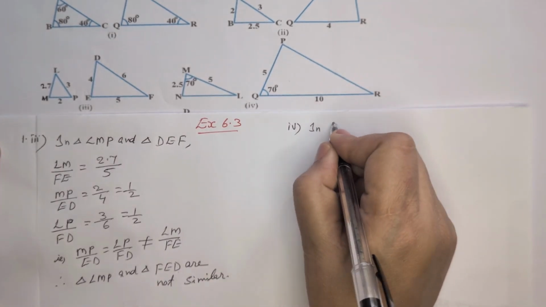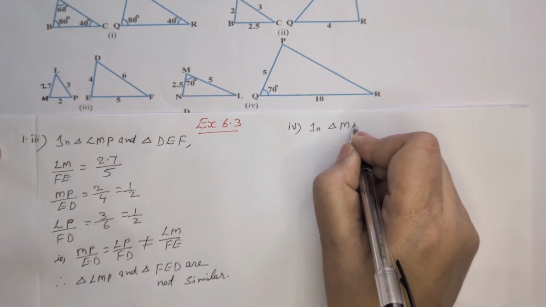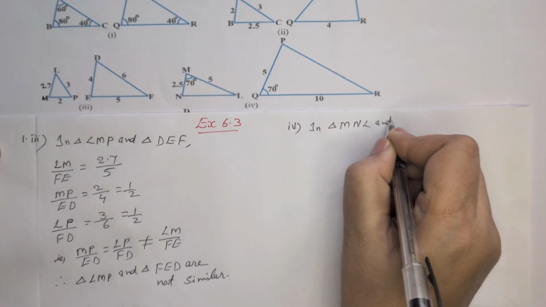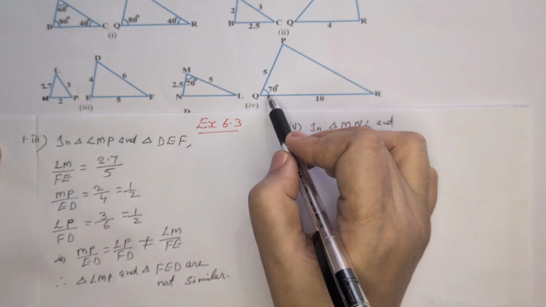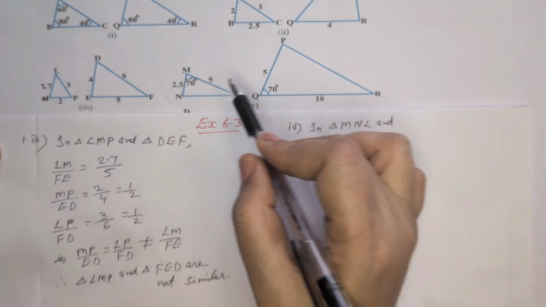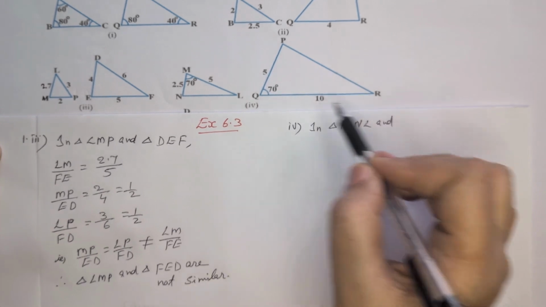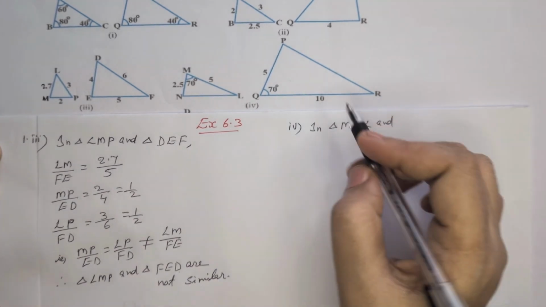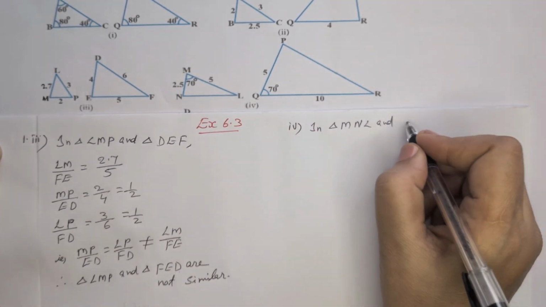Now fourth one here. In triangle MNL, and corresponding to M, we can start from here, Q. Then 2.5 for that 5. So we can name the second triangle QPR.